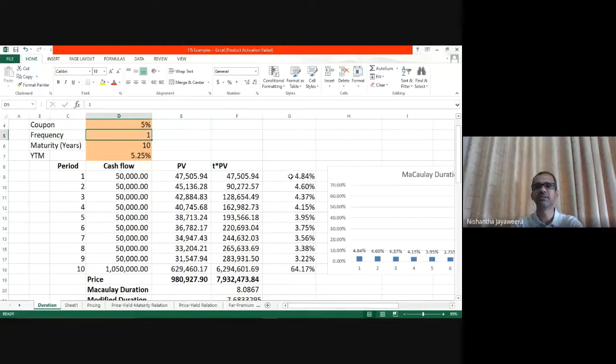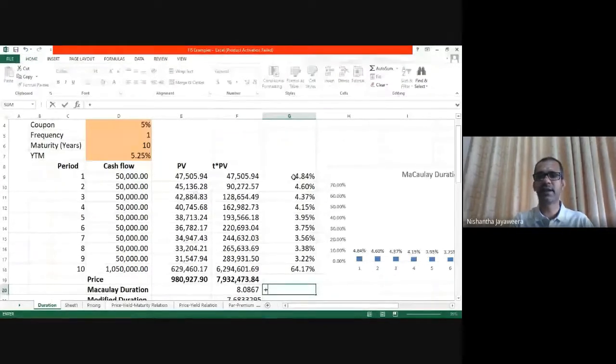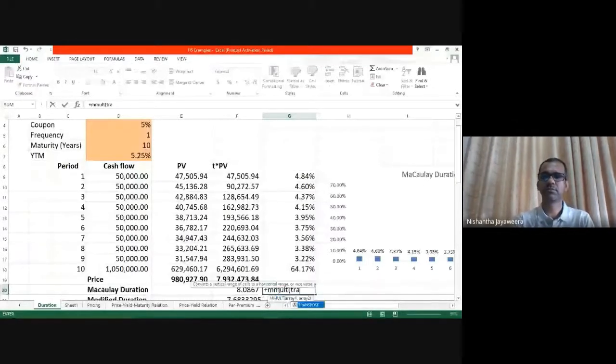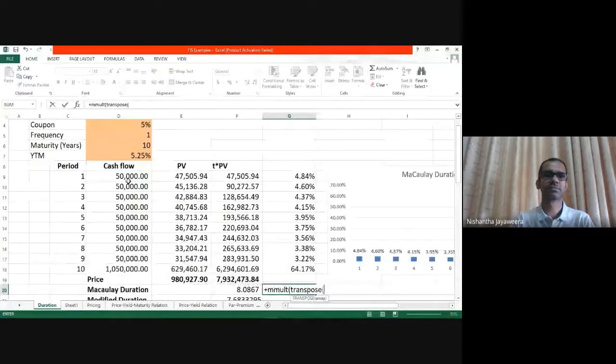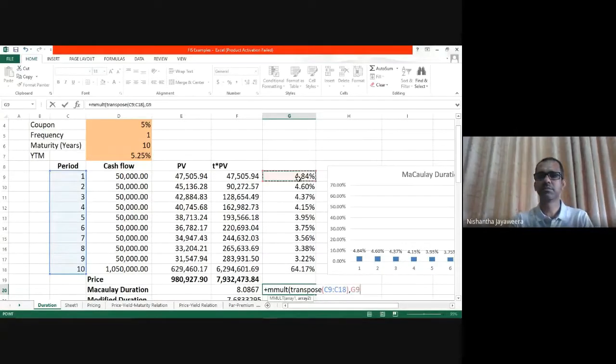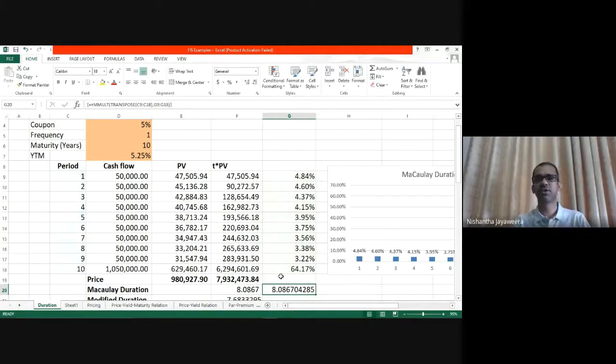So these are the weights. You can get the same figure if you multiply each time by its weight and add them together.